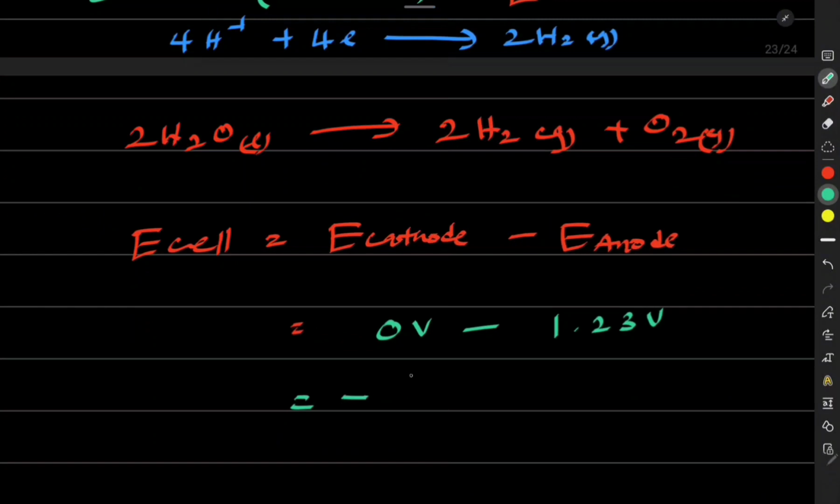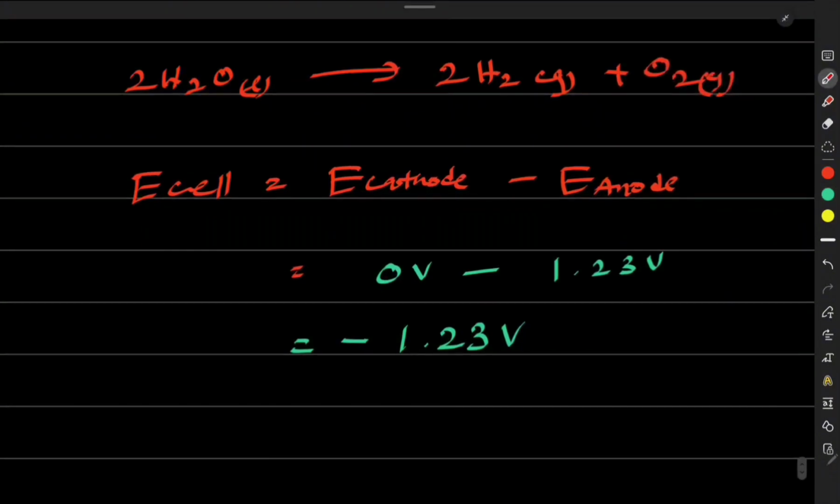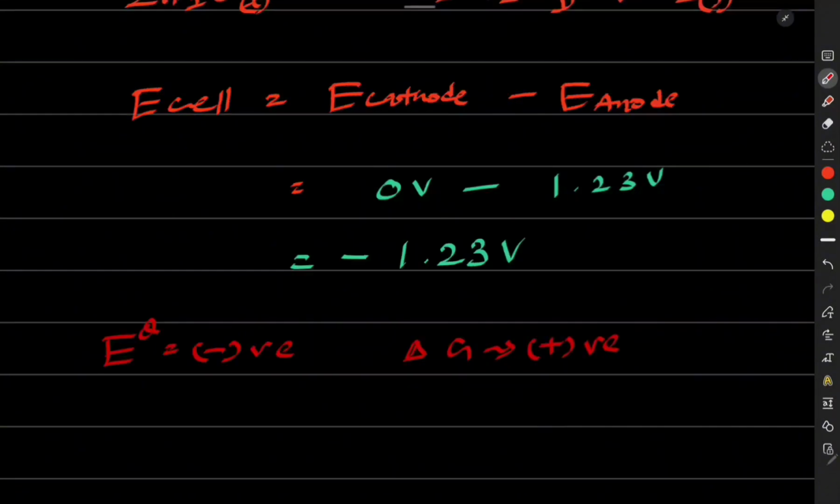Therefore, the E cell is minus 1.23 volts, so the minimum voltage should be 1.23 volts. When the potential of the cell is negative, delta G will be positive. The external electrical supply should be a minimum of 1.23 volts.